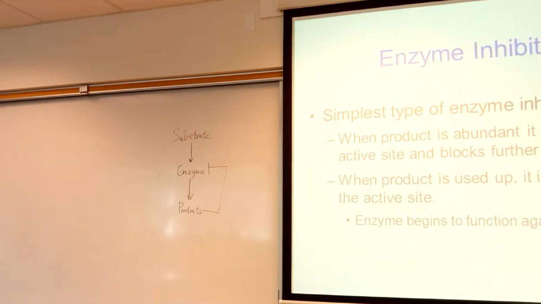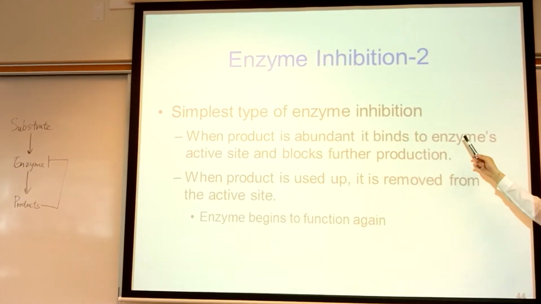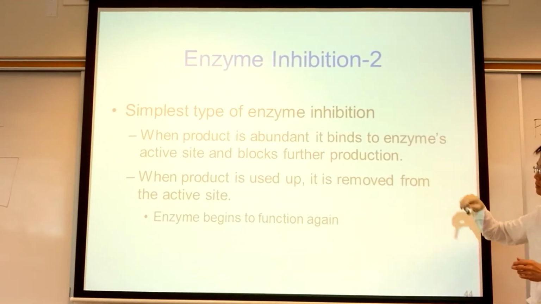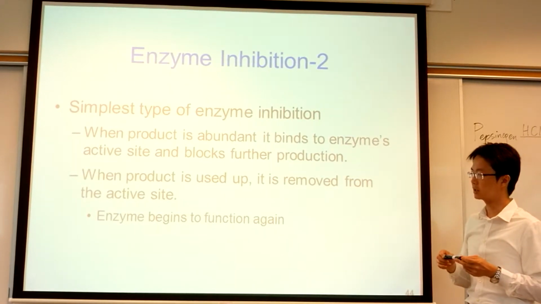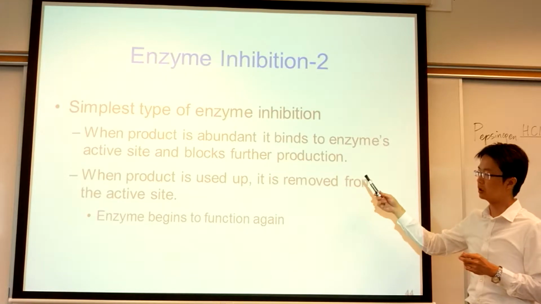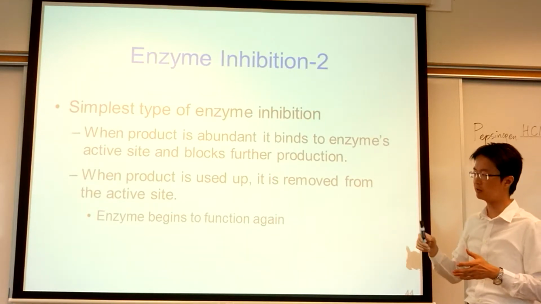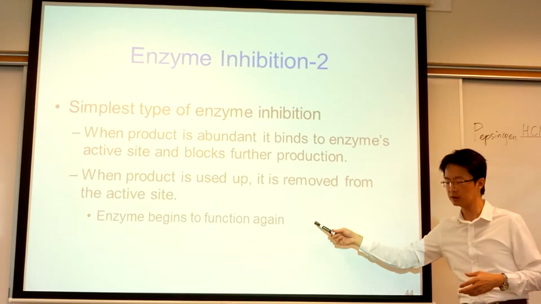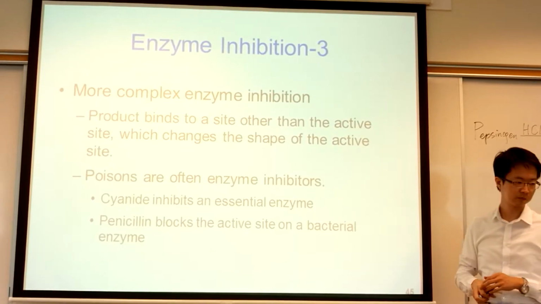So the simplest way of inhibiting an enzyme is for the product to bind to the active site of the enzyme, so that the substrate cannot bind to the active site. When the product is used up, of course, the product will detach from the enzyme active site, and then the enzyme can bind to the substrate again to make more product.